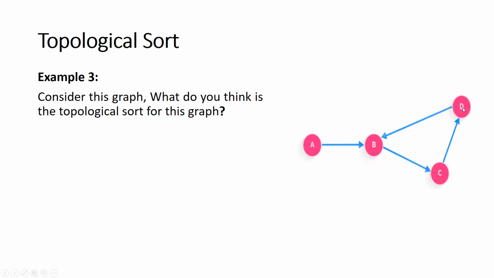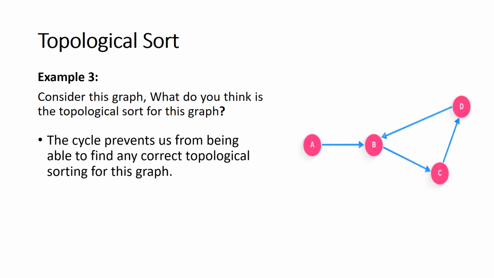When a graph has a cycle, I can't decide where the dependency is. So should I put B before C, or C before D, or D before B? They are all dependent on each other. And it violates the condition, as, if you remember, we only perform topological sort on DAGs, directed acyclic graphs.